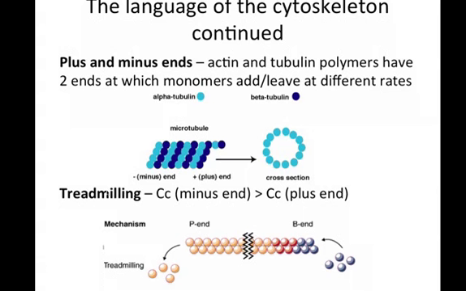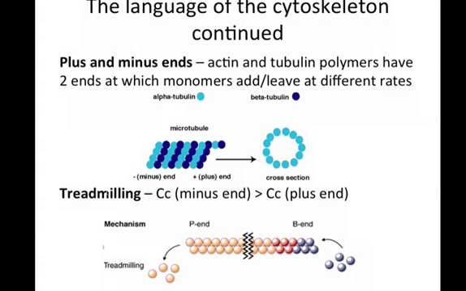Okay, so your critical concentration at your minus end is greater, which means you're going to be adding more here. Your critical concentration at your plus end is lower, so these are going to be going away. Then maybe you have stuff in, so that means these will go away, but then these will add. Oh, so you're moving to the left, right? So you guys got me turned around. I'm going to have to go back to the drawing board on this and come back to you guys because I don't want to mislead you.